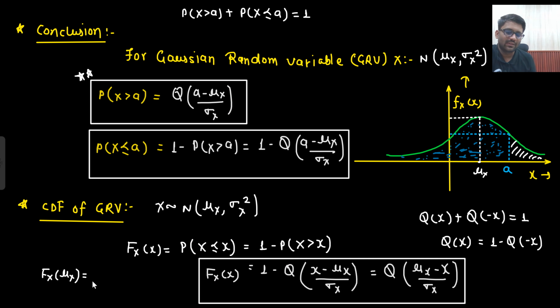Fx of mu x. So in place of x you need to put mu x. So 1 minus Q, let's do it on the next page.